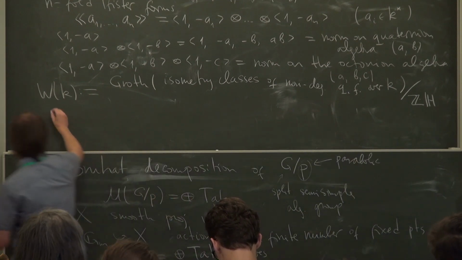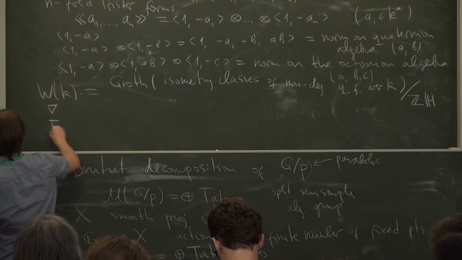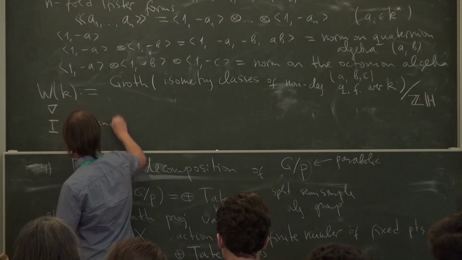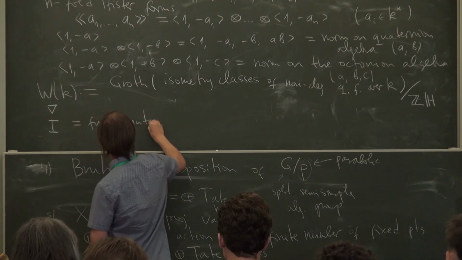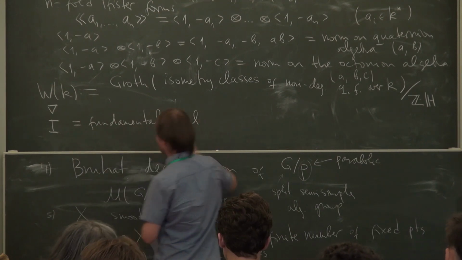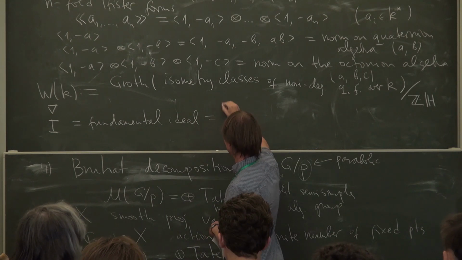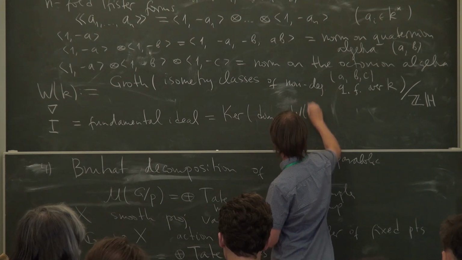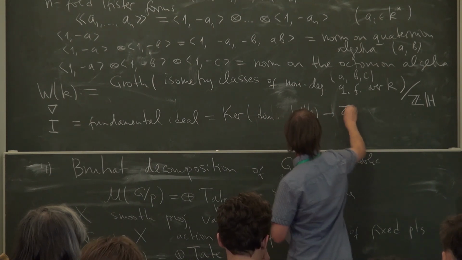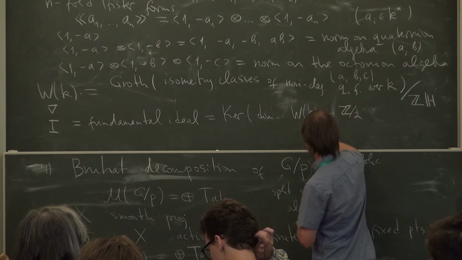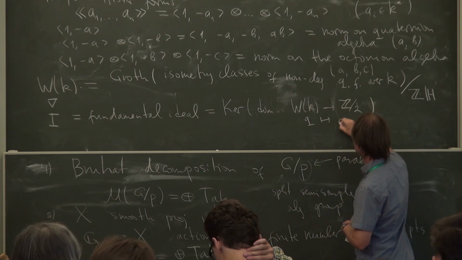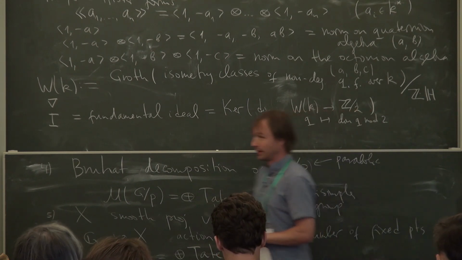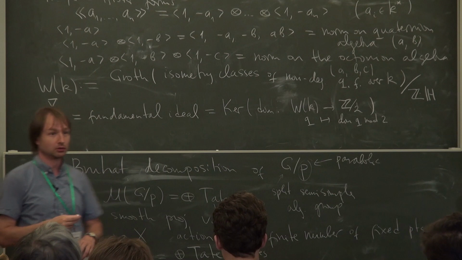Here there is a special ideal, the fundamental ideal, we will need it, which is just the kernel of the dimension map from this Witt ring to Z mod 2. A quadratic form goes to its dimension modulo 2. In other words, this is the ideal which consists of even dimensional quadratic forms.